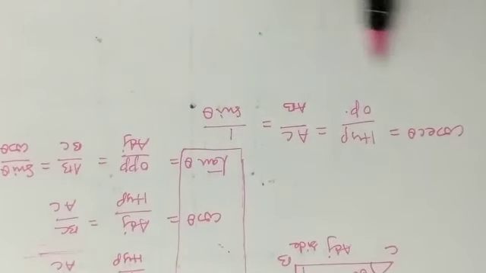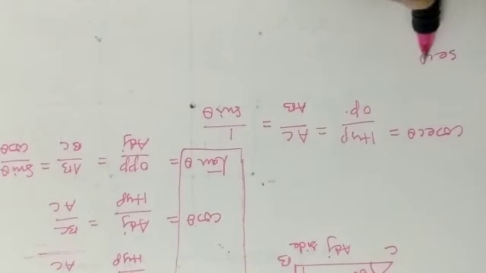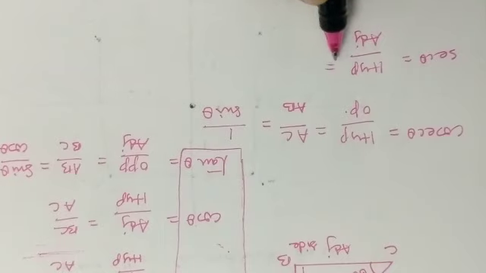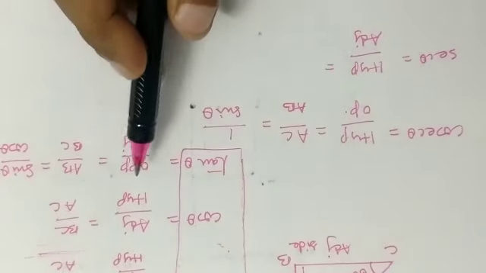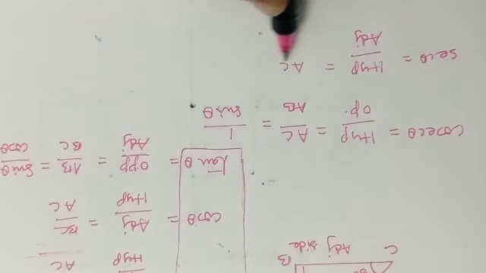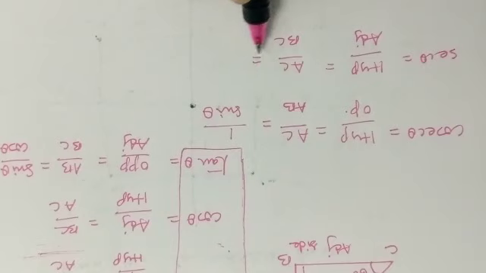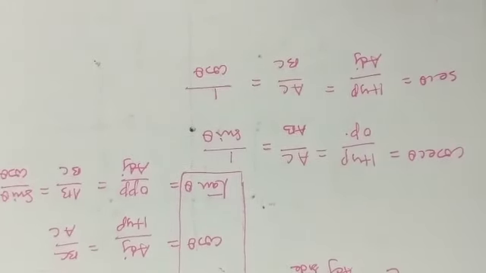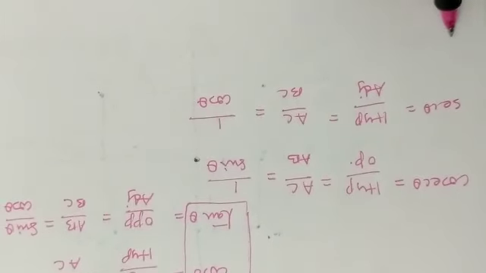Now secant theta. Secant theta is hypotenuse by adjacent side. What is the hypotenuse? AC, by adjacent side BC. That is the reciprocal of cos theta. So secant theta is equal to 1 by cos theta. Similarly, cot theta is adjacent by opposite.